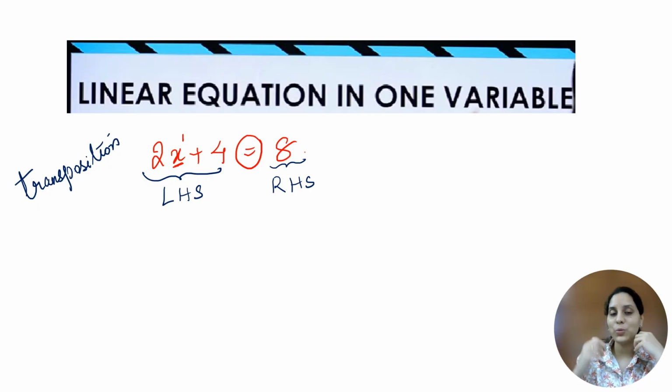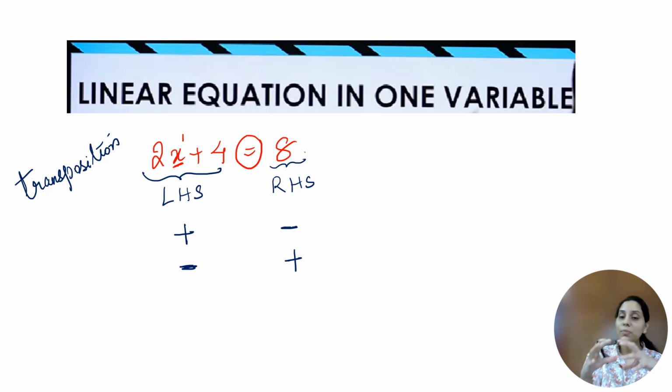When something is added on the left hand side and I want to transpose it to the right hand side, the addition sign becomes subtraction. Similarly, when something is subtracted on one side, when I transpose it to the other side, it becomes addition.